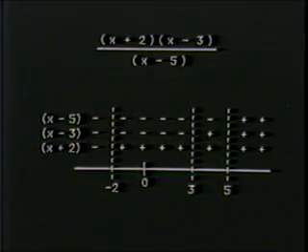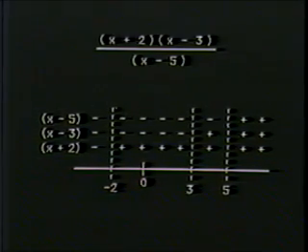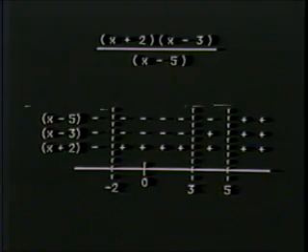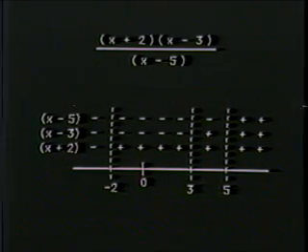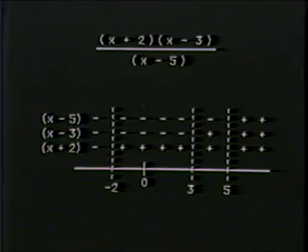Only this time we have 3 separate brackets, and signs for each bracket separately. As usual, our intervals split where each bracket is 0. The split between positive and negative occurs at a different spot for each bracket.